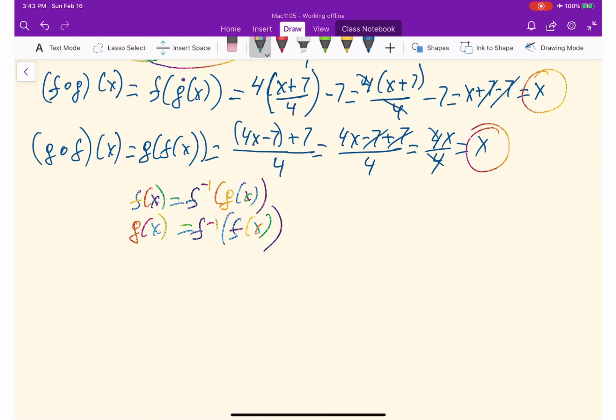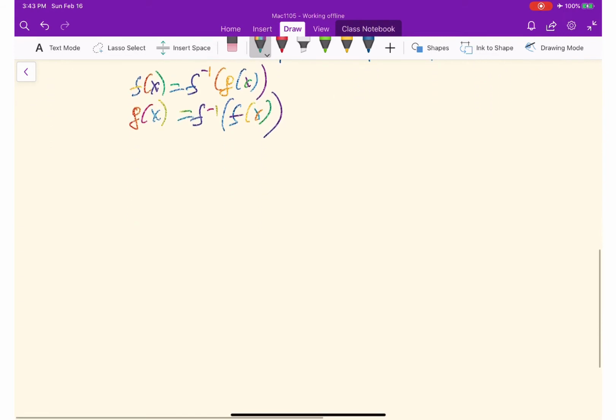Moving to the next step, find the inverse function.